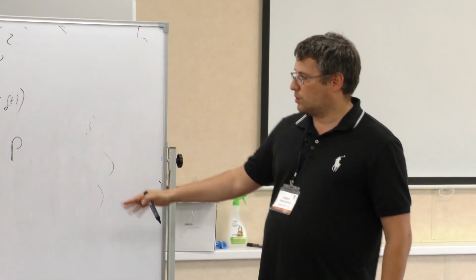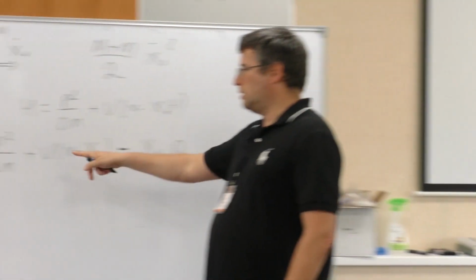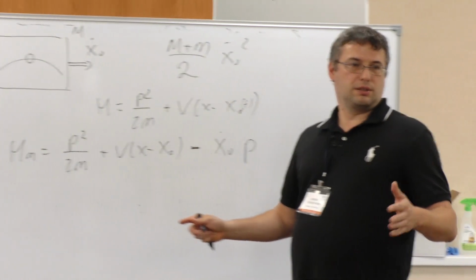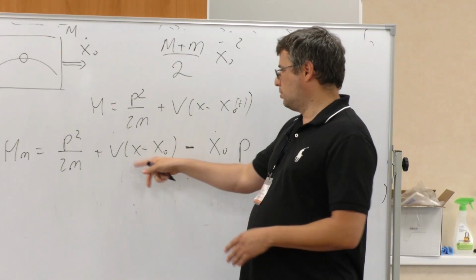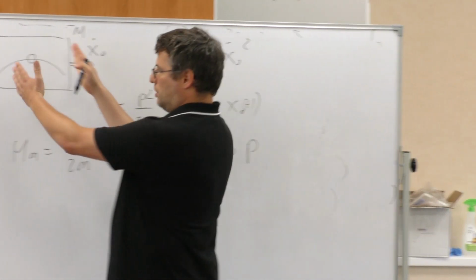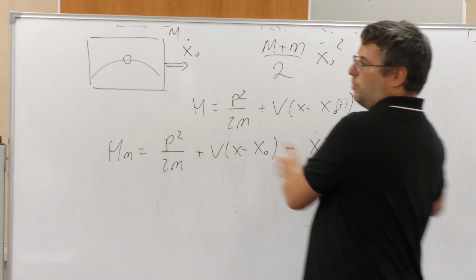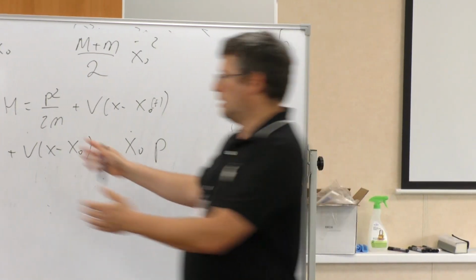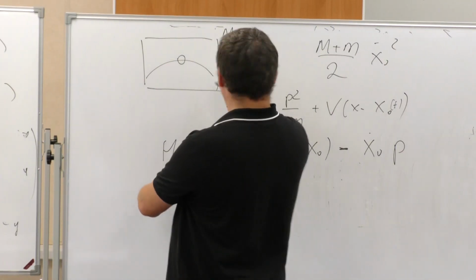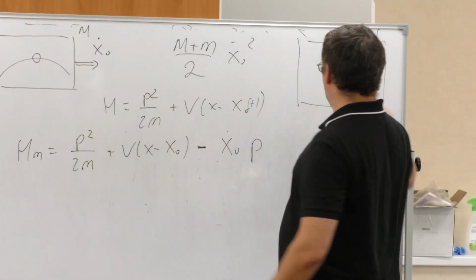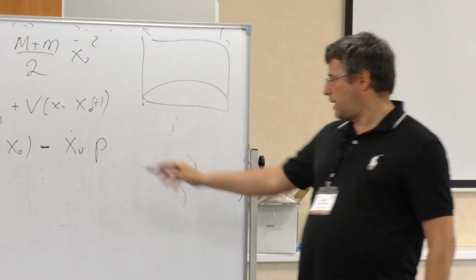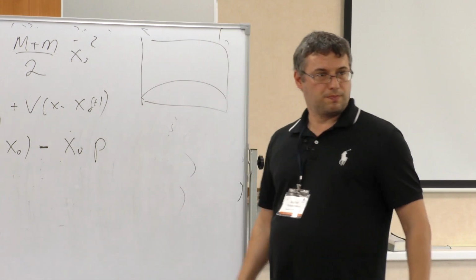Now, what's the difference? Well, the difference is that now I can treat my basis as time independent. So if you want, I can do this unitary transformation and go to a static box. I can say I'm in a moving box, but I ignore the fact that my basis states depend on time, right? Because when the box is here, my basis wave function is here. When the box is here, my basis wave function is here. So they have nothing to do with each other. So by adding this term, I'm ignoring this.